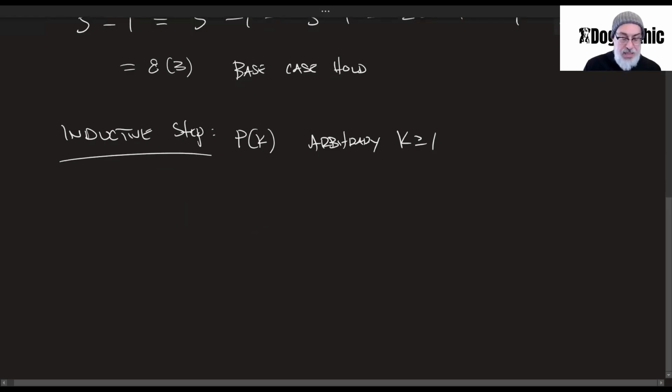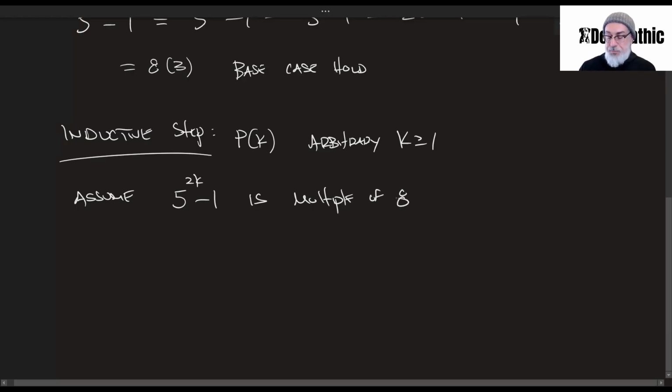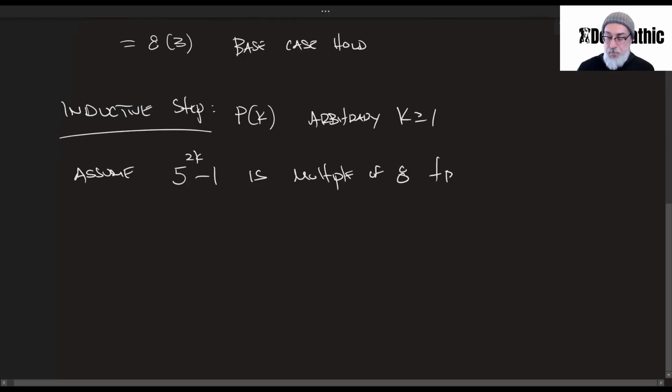So what we are assuming here is that 5 to the 2k minus 1 is a multiple of 8. So we're assuming this is true. This is what we call our induction hypothesis.